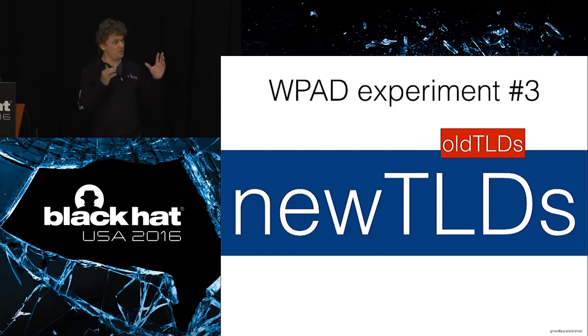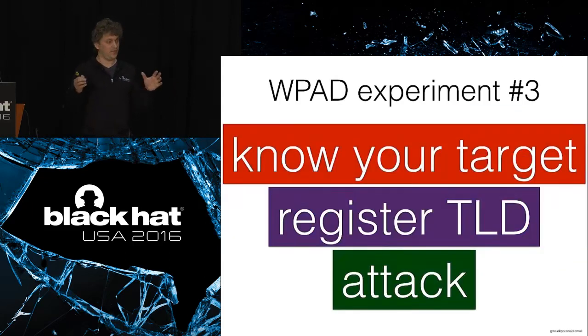The problem is that a new TLD allows you to register the name also at the top level of the domain. If you know your target, for example the network of a company, and you know what top level DNS suffix they use, you can predict what domain name you need to register, and then you can attack people.